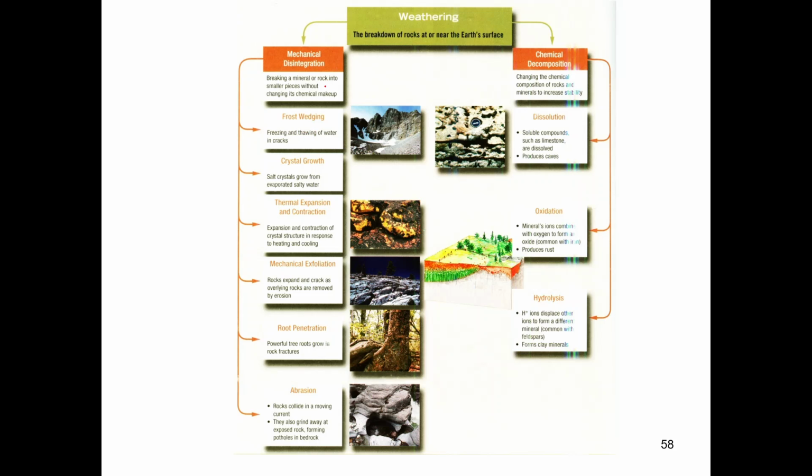And at the end, we can conclude that we have two types of weathering: physical weathering, or mechanical weathering, or disintegration, and chemical decomposition. In chemical decomposition, the chemical composition of minerals changes because of dissolution, oxidation, and hydrolysis.